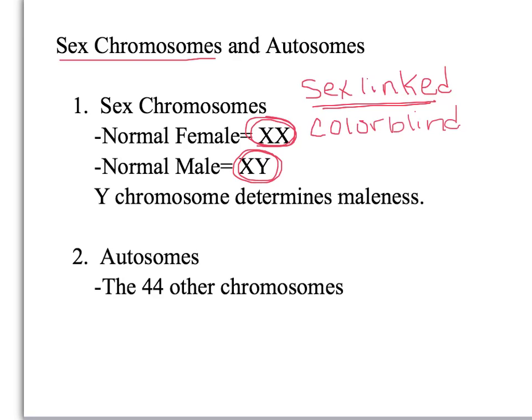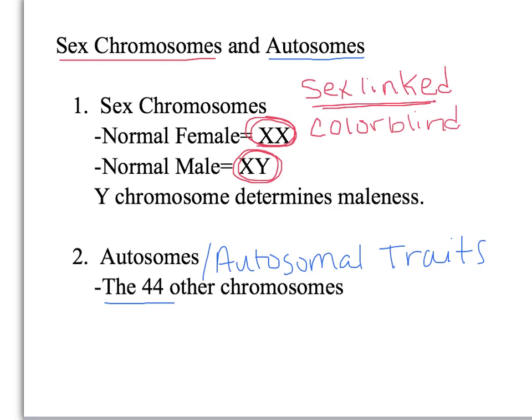We're also going to look at something called an autosome or an autosomal trait. So that's another way of writing this: autosomes, autosomal traits. These are traits that are found on every chromosome except your sex-linked chromosomes. So they're the other 44 chromosomes, not the X or Y sex-determining chromosome.